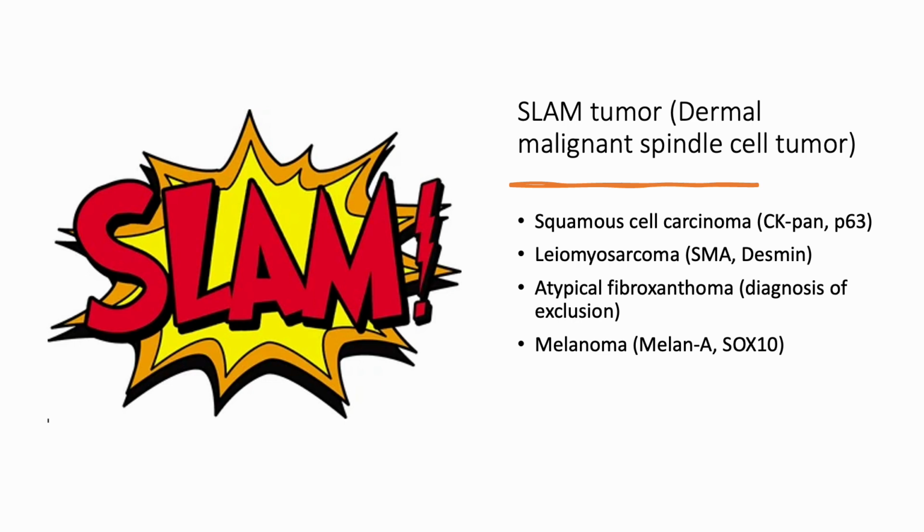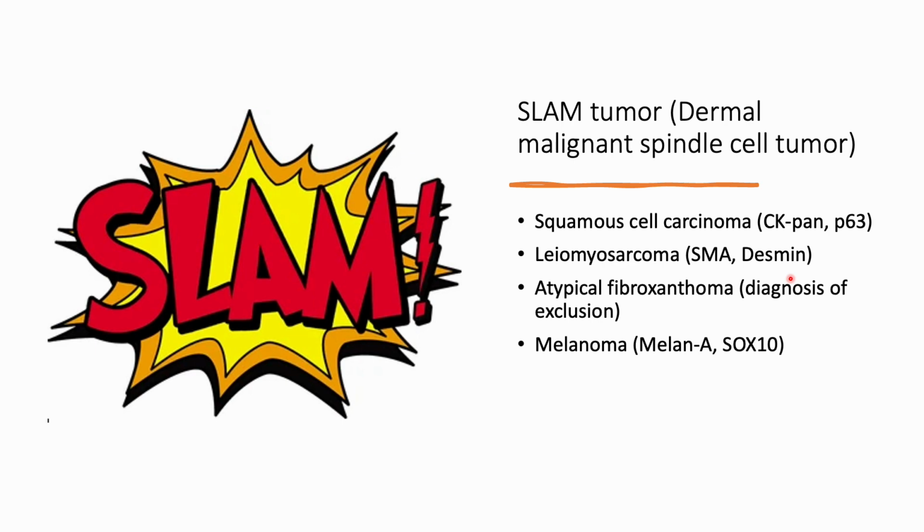Okay, let's give a very quick summary of SLAM tumors, which are the dermal malignant spindle cell tumors, including squamous cell carcinoma, leiomyosarcoma, AFX, and melanoma. In terms of staining, squamous cell carcinoma should be positive for cytokeratin and P63. Leiomyosarcoma is positive for SMA and desmin.